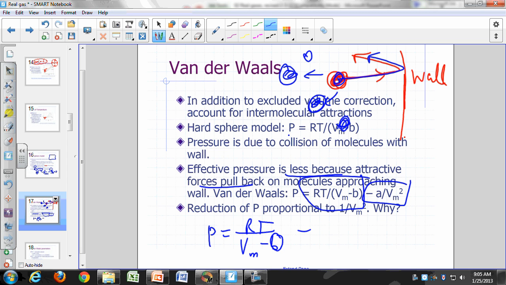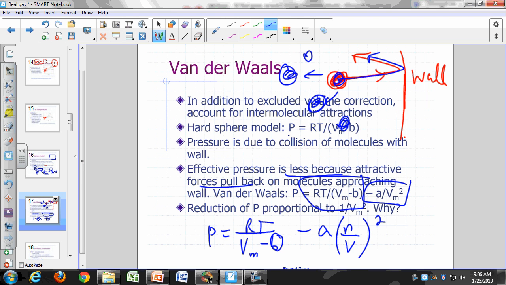So your correction would be proportional to the square of the concentration. So minus A times N over V, and then squared. Okay, it depends on the square of the concentration because it depends on how many molecules are affected. So that's concentration. And it depends on how many molecules are affecting the molecules that are affected. So that's why you have that squared term right there.